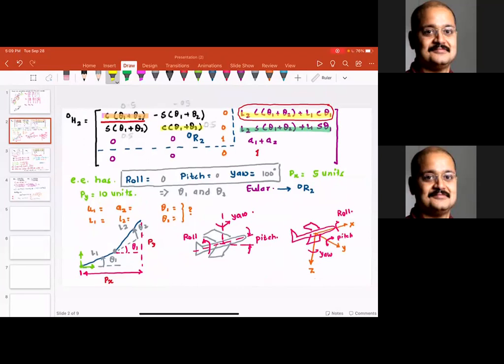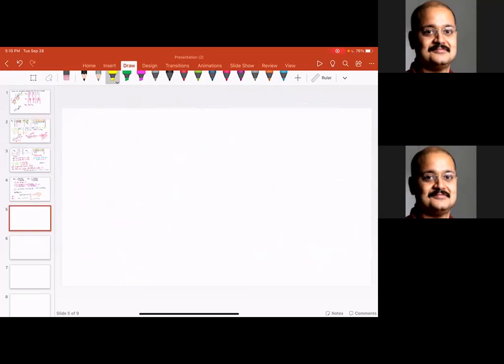Now you may ask me, what does that mean? I want you to look at this robot. Say this is the first joint of the robot, and I give you a position here. This position can be achieved by two configurations.